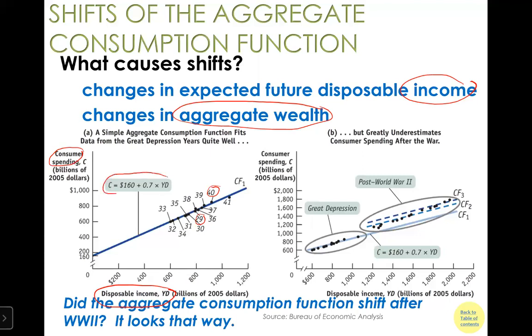This is the line we have just talked about, the consumption function. It tells you how consumer spending adjusts with disposable income. From here, you can see this 0.7 is the marginal propensity to consume, and this 160 is aggregate autonomous spending.